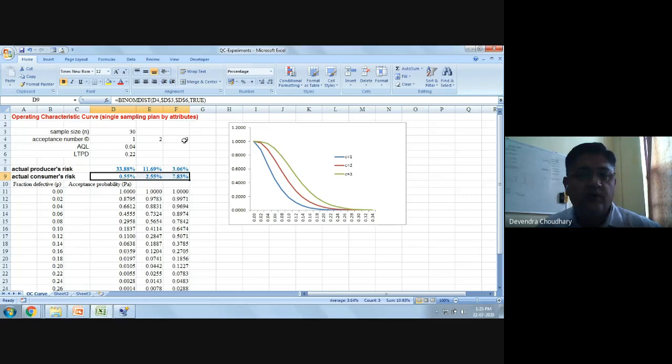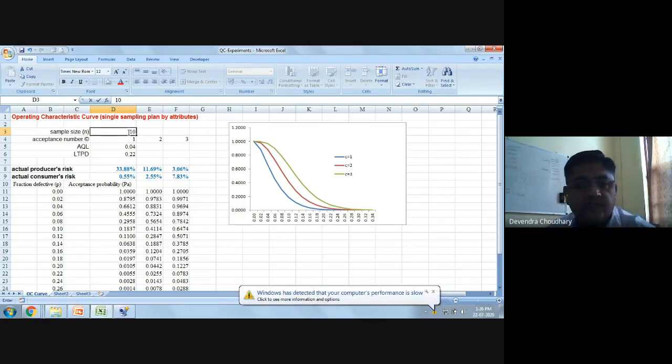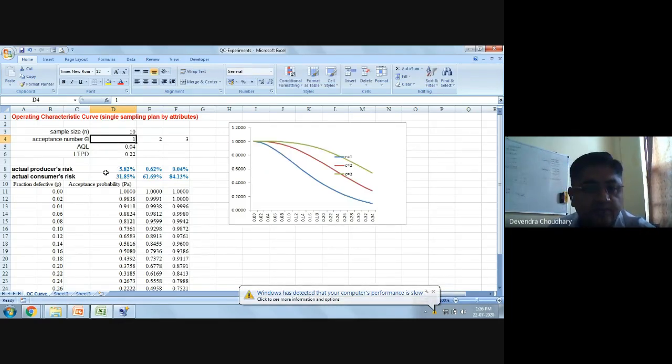So now it is difficult to choose the appropriate value of acceptance number. Similarly, if I change the sample size, let's say to 10. Can I have 10 sample size? Let's see. Now you see that producer risk is significantly low when sample size is small, whereas consumer risk is high.